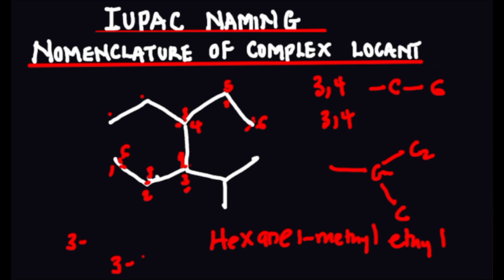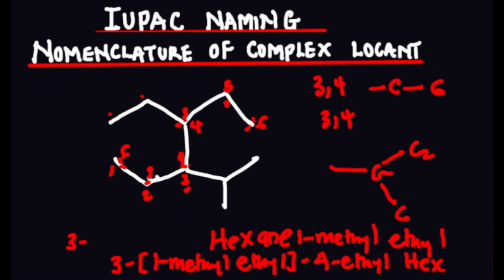I'm going to have 3, open a big bracket, we're going to have 1-methyl, ethyl again, then close this big bracket. Then followed by, we are having ethyl here, 4-ethyl. Then we're going to have hexane. That is 3-(1-methylethyl)-4-ethylhexane.